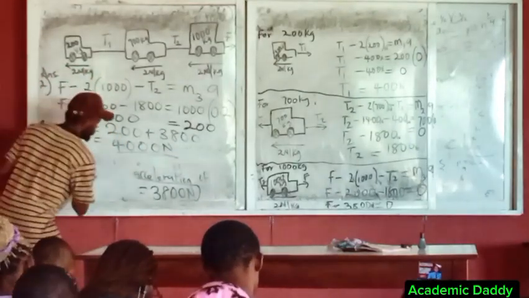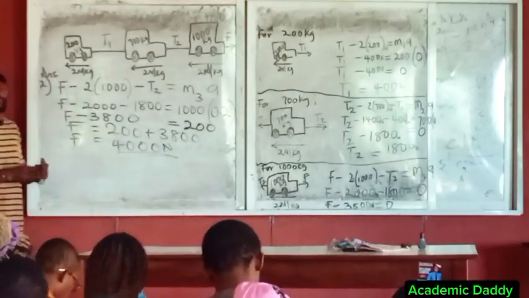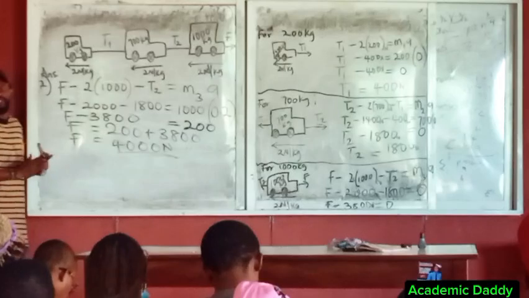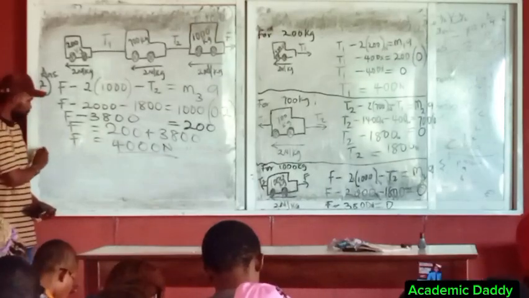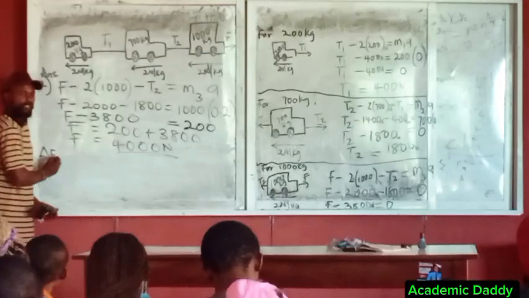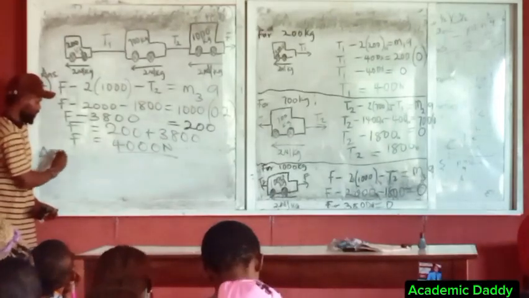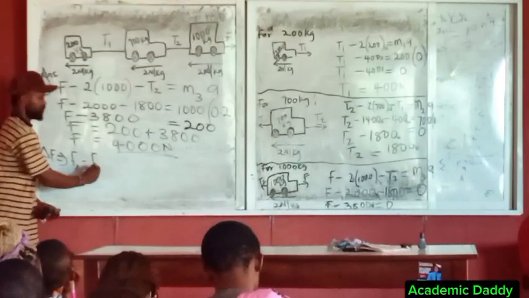If we really want to analyze the change, we know that any change is always in the form of delta, maybe delta F, which is the same as saying F final minus F1.